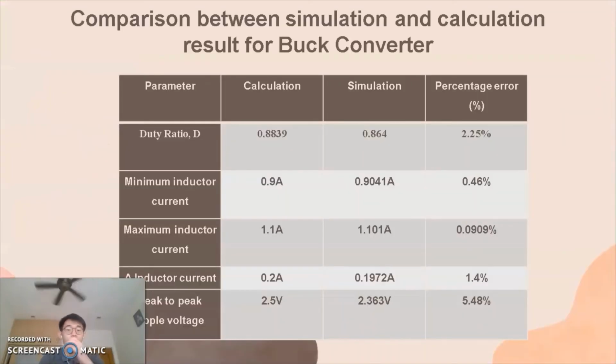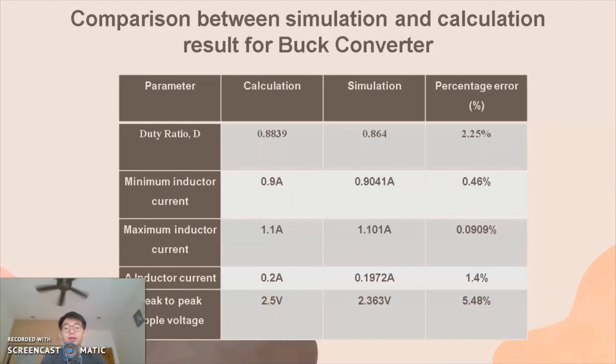We're going to have a look at the comparison between the simulation and the calculation results for the buck converter as well as the SMPS controller. For the duty ratio, through calculation, we get around 0.8839. However, for simulation, we obtain a duty ratio of 0.864, and there's a percentage error of 2.25%.